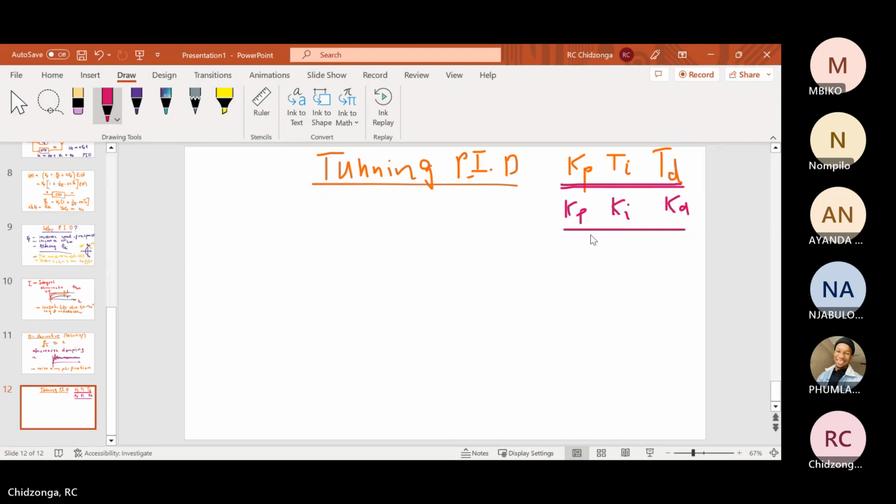So there are predominantly two traditional methods that are used to select these values. There is what is called Ziegler-Nichols. Ziegler is the name of the person who devised it. These two gentlemen devised two methods.